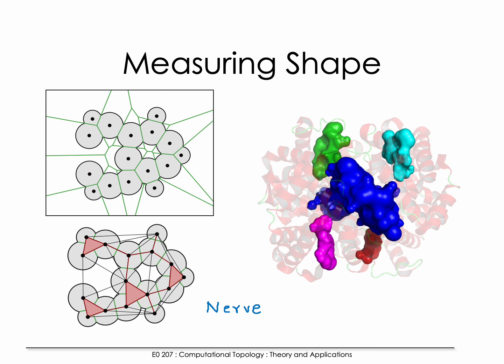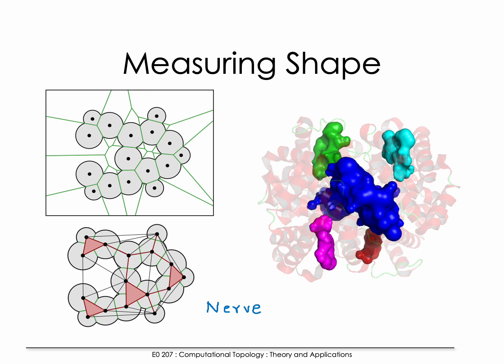So what is shown in pink in the lower left figure, you may think of it as the nerve, where every pairwise intersection between disks is represented as an edge, and triple intersections are represented as a triangle. Each disk trivially intersects with itself, so it is represented by a vertex.